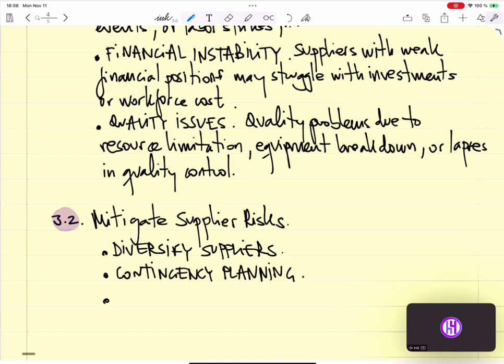Or you want to have regular audits and checks with your supplier to ensure that suppliers adhere to quality standards and regulatory requirements or their contractual obligations.